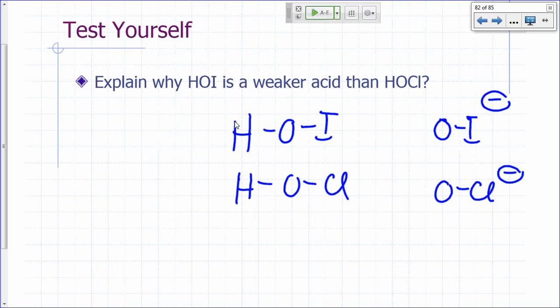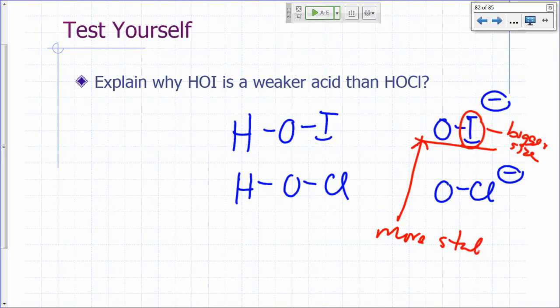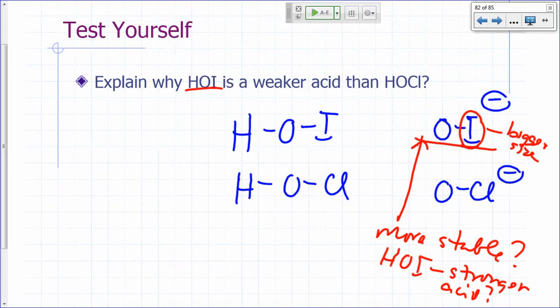You'd think iodide is bigger, right? Bigger size. So you'd think it'd be more dispersed, and so you might think that this would be a more stable base, and so HOI would be a stronger acid. But HOI is a weaker acid than HOCl.